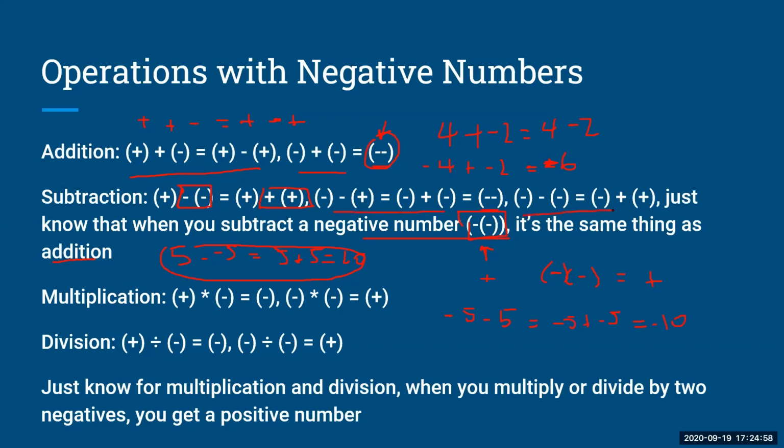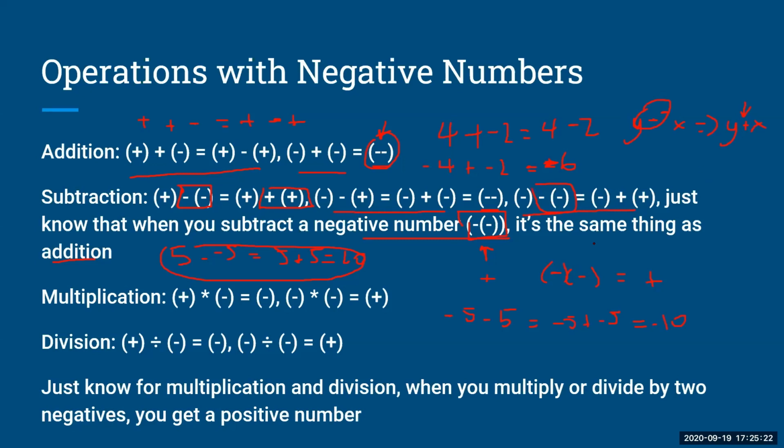And then this one is if you had a negative number minus a negative number, it's a negative number plus a positive number. When you see this pattern, say y minus negative x, that becomes y plus x. These 2 negatives turn into a positive. That's a general rule of thumb you should know about negatives.